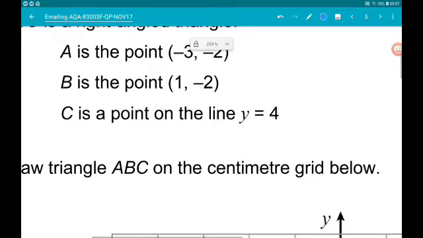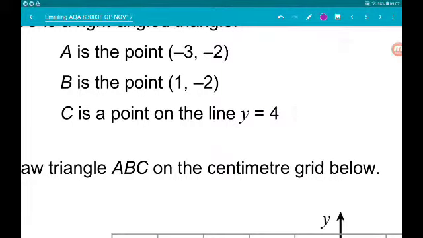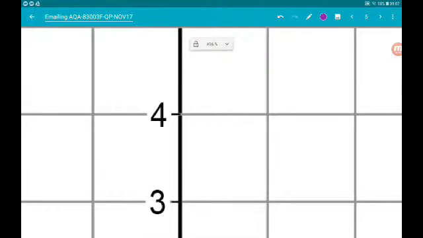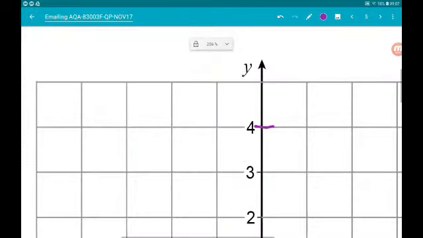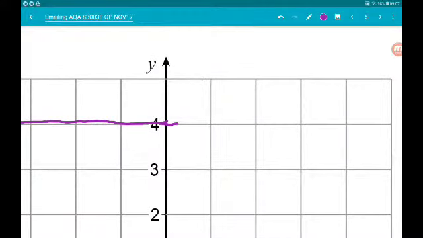Now we're told that C is a point on the line y equals 4. The line y equals 4 is horizontal, going through y equals 4, all the way over there and all the way to the right.